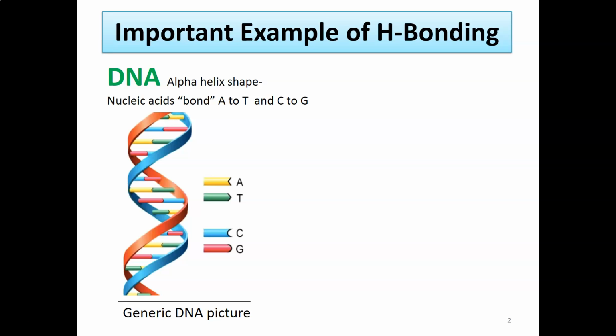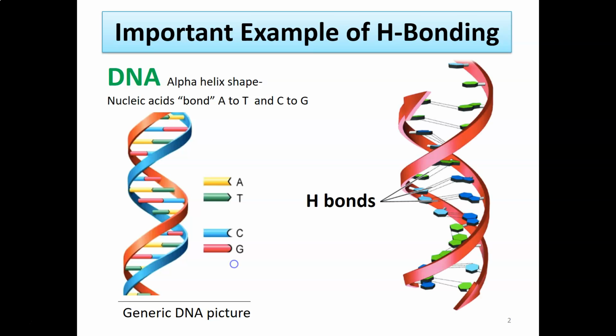So the solution to this is to use hydrogen bonds. A hydrogen bond won't be as strong as a covalent bond, but it'll be strong enough to keep that DNA spiral together until it needs to unzip. It'll be much easier to take apart if it's not a covalent bond.